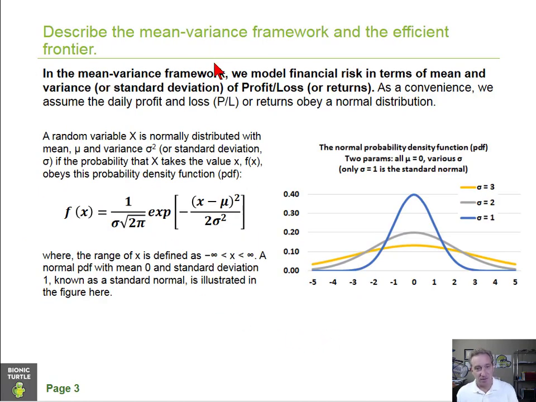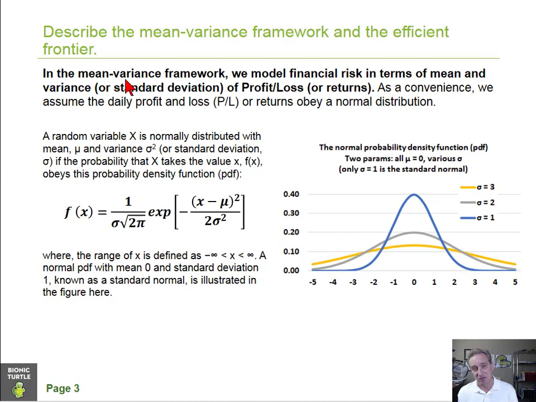So, describe the mean variance framework, and that would be familiar. We were introduced to that really in topic 1 of the FRM, and when we say mean variance framework, I think the way to look at that is right in the language. That is a world in which we are describing risk and return with just the first 2 moments.